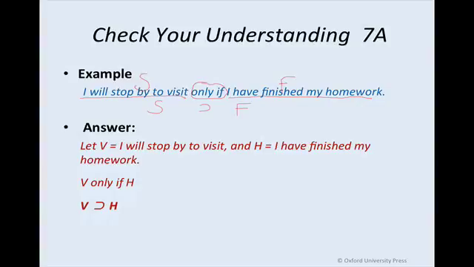There may be, as I mentioned before, considerations that should push you to choose one letter over another for a given simple sentence, but by and large, it's fairly arbitrary. Anyway, we have I will stop by to visit only if I have finished my homework, and you can see that what we have, S horseshoe F, is expressed here as V horseshoe H, but our translation is correct.